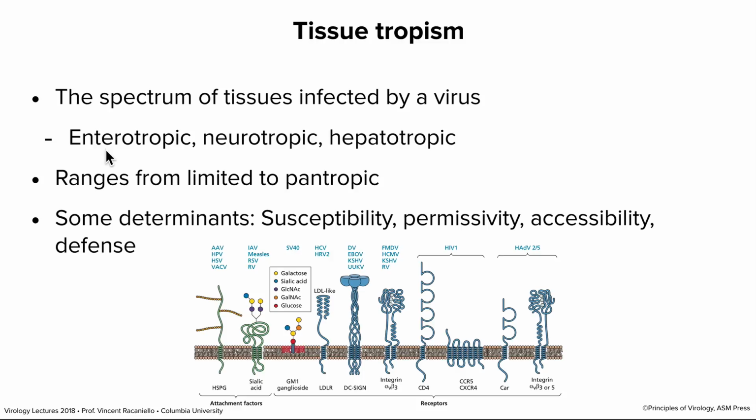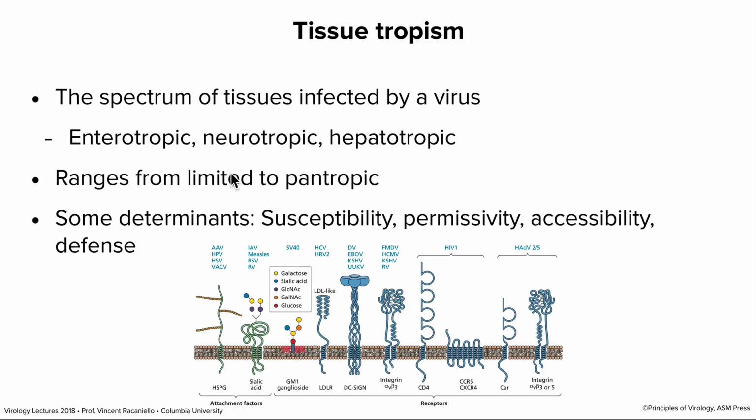And we often use words that describe the specific tissues that are infected, like viruses that infect the enteric tract we call enterotropic, neurotropic for nerve cells, hepatotropic for the liver. And some viruses are strictly hepatotropic, others have a wider tropism. And in fact, some viruses can infect almost every tissue. We call that pantropic, and some viruses are limited in their tropism.